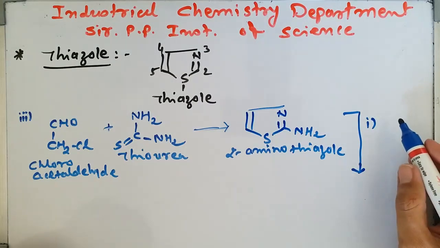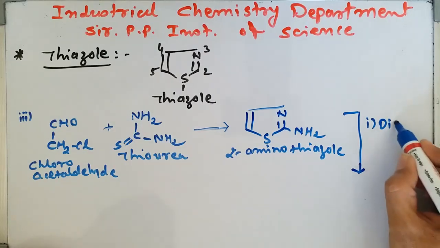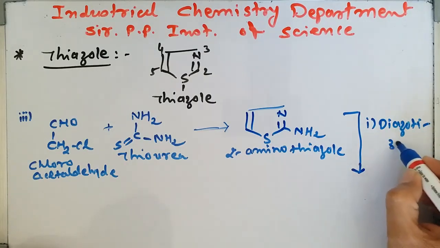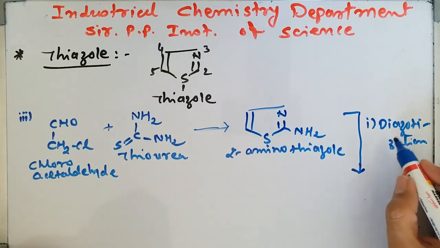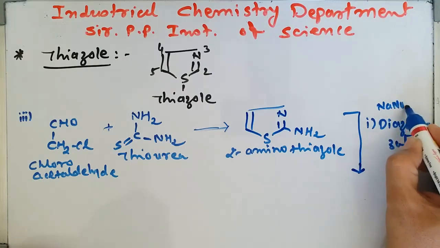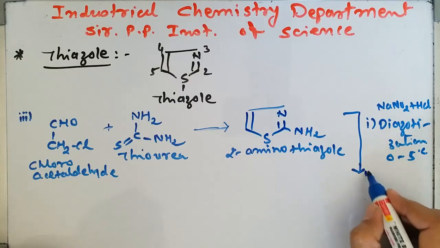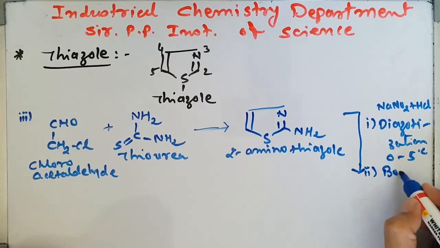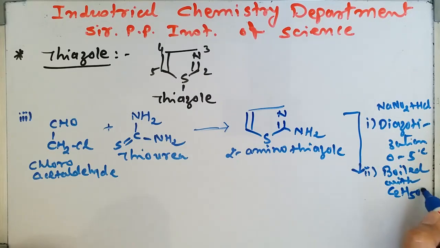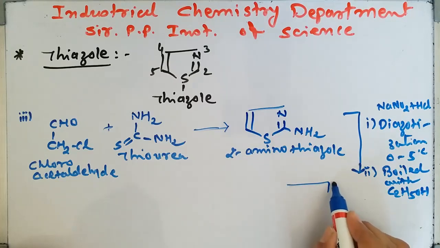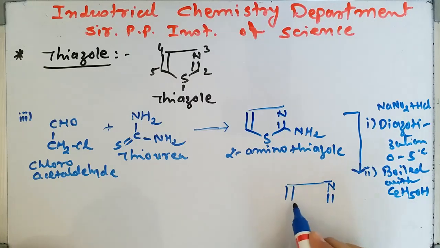First, diazotization takes place with NaNO2 plus HCl at 0 to 5 degrees Celsius, and second, boiling with ethanol, C2H5OH, gives thiazole.